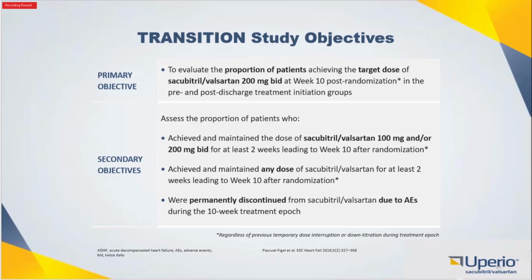The secondary objectives were to look at whether we could achieve and maintain any dose for at least 2 weeks leading to week 10 after randomization, and those that were permanently discontinued from this combination due to adverse effects during the 10-week treatment period. Next slide.